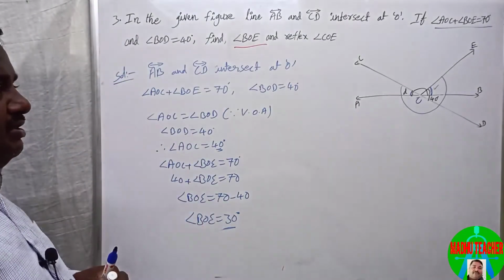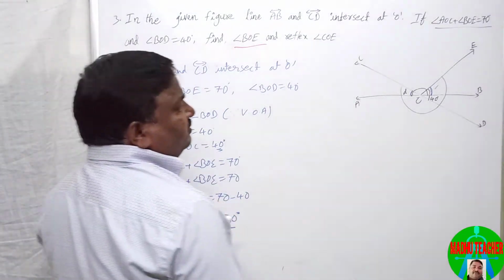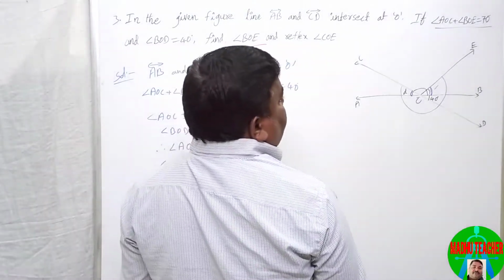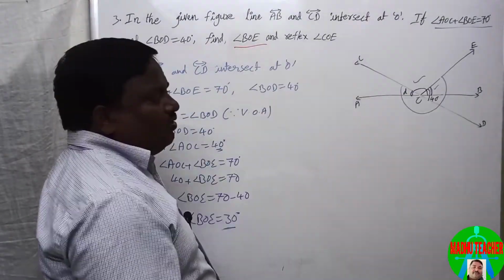Next, the second one. What is the second one? We have to find the reflex of angle COE. How can you get that?